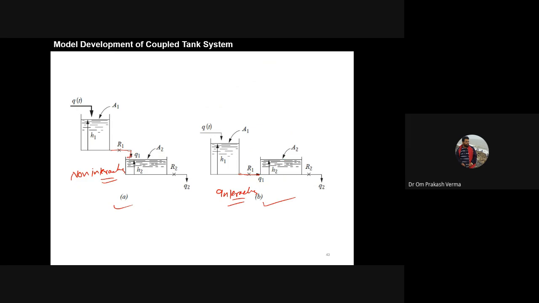Okay. So the dynamics, or the transient behavior, of both the processes are different. Okay. So now we are going to develop the model for this system one by one.